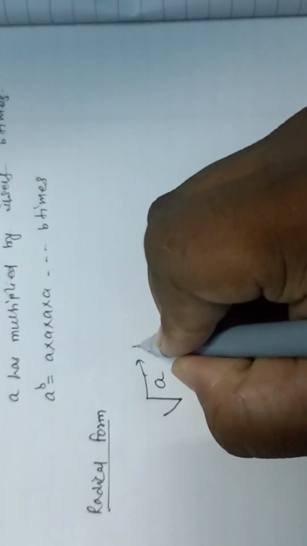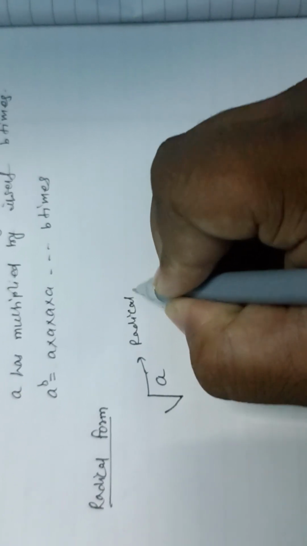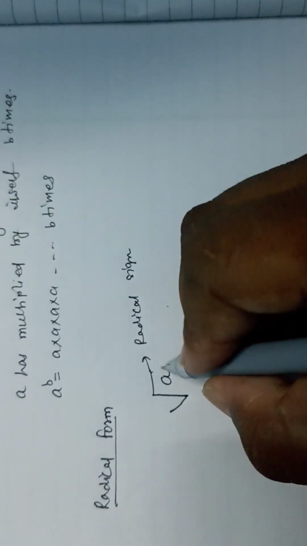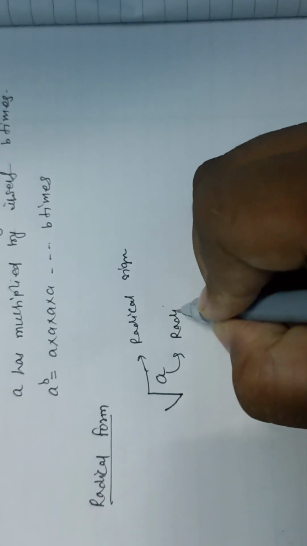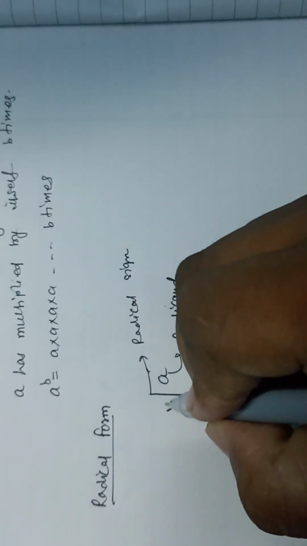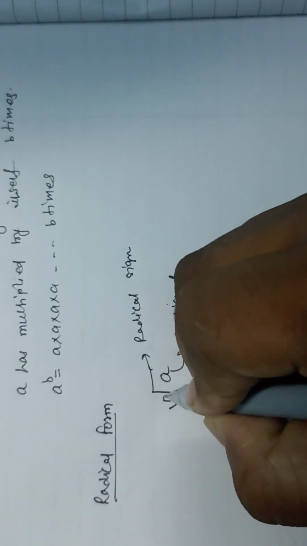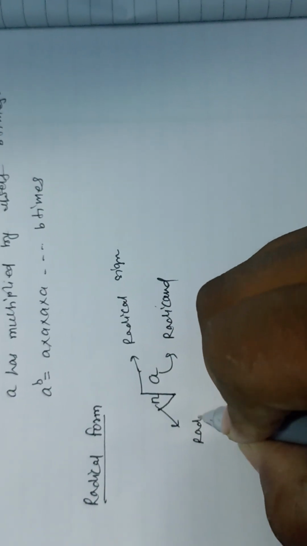And what is radical form? You have to understand it. Radical form: suppose a is any real number and it has a sign like this, then this is called the radical sign, and this is called the radicand, and this is called the radical power.